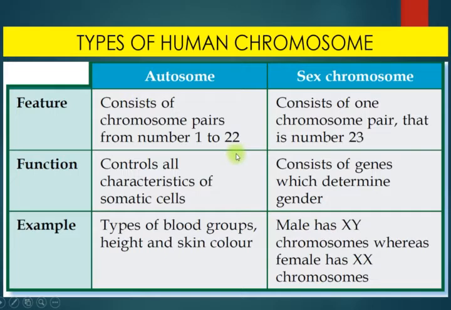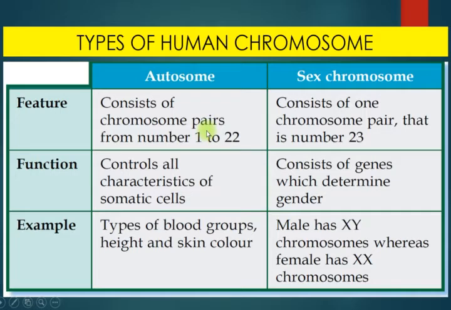Later we will look at the karyotype, don't worry. The sex chromosome consists of one chromosome pair, number 23. So there are 23 pairs of chromosomes in the nucleus of the human somatic cell.